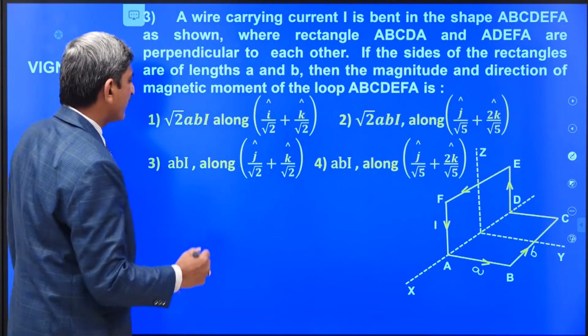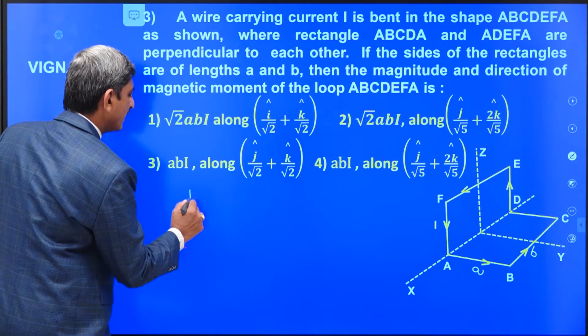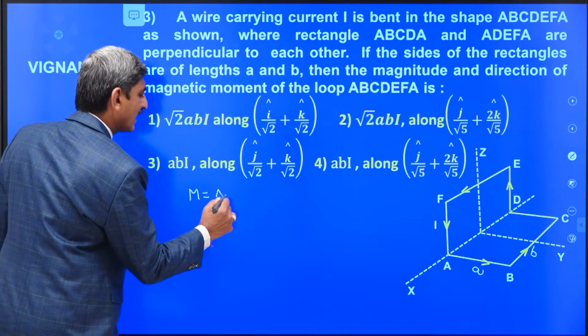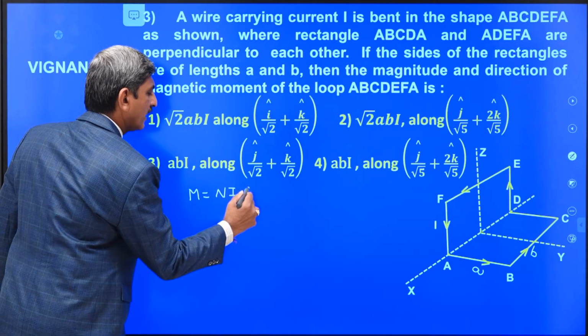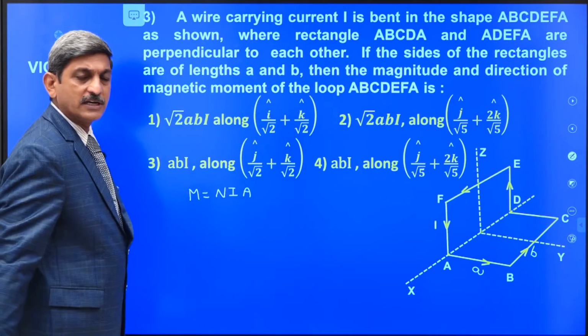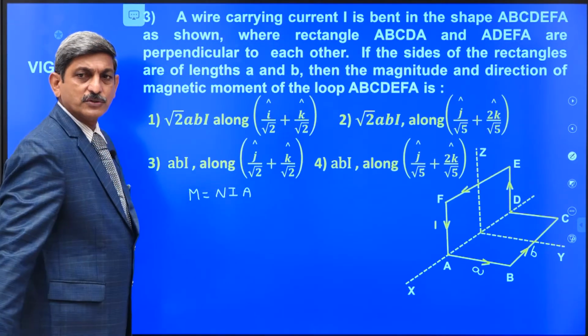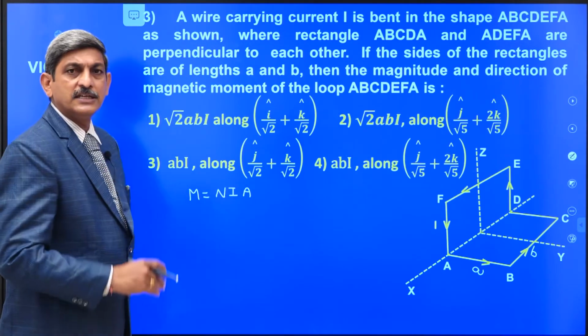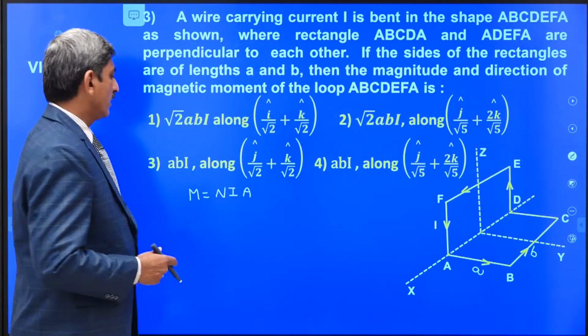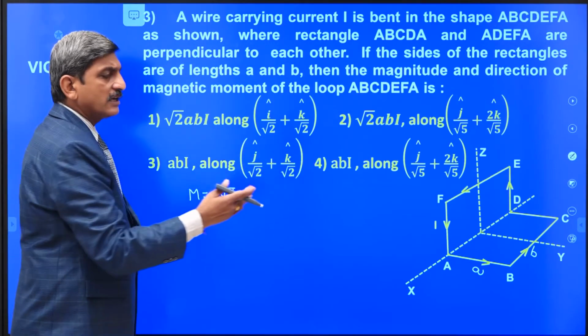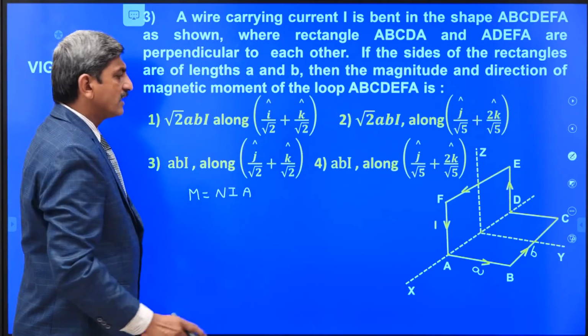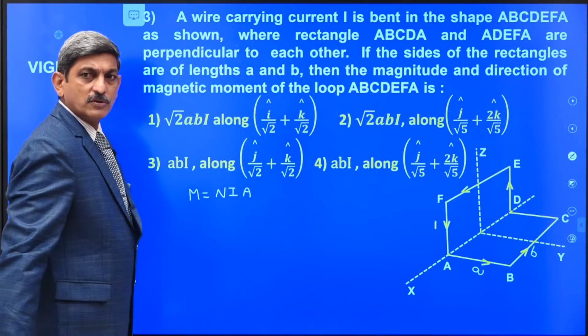Already we know the formula for the magnetic moment value. The magnetic moment M is equal to NIA. Here N is the number of the turns, I is the current passing through the coil, and A is the area of the given coil. Here for the coil there is only one turn, that's why this N is equal to 1.